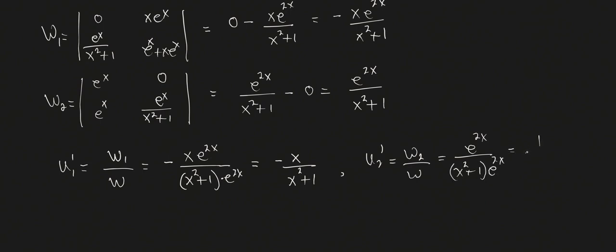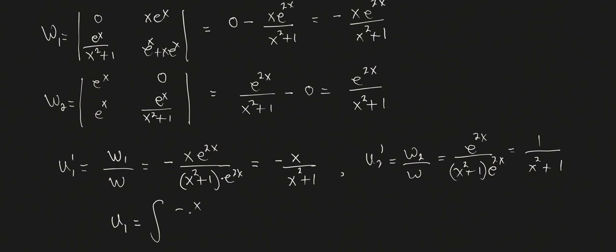So that's 1 over x squared plus 1. So now we have to integrate these two. So u1 is equal to, and what I will do for these now, I'll stop writing the constants of integration, right? I'm just going to write down what essentially the base antiderivative is for this function.